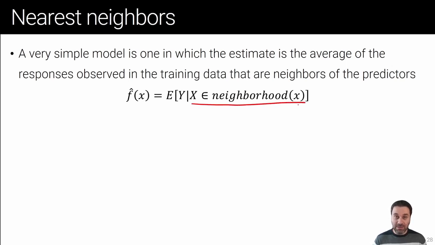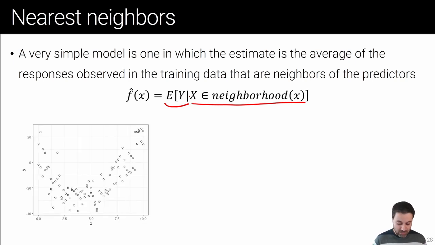We're going to see exactly what this means. So all the data points that look like x in the training set. And then what we do is, well, just compute the expected value of the response for those data points, for the neighborhood. So our estimate, given some x, is going to be the expected response in the neighborhood of x, given our training set.